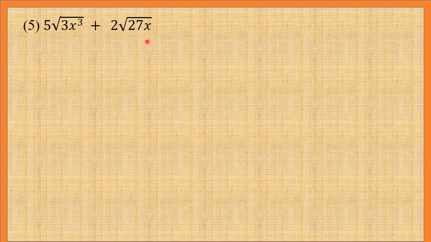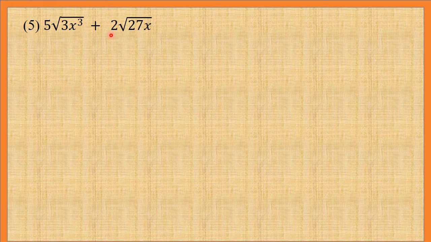But in this case, we have to look for factors which are common to these radicands. When you check properly, you see that we have 3, 3, and x, x. So the common factor here will be 3x.